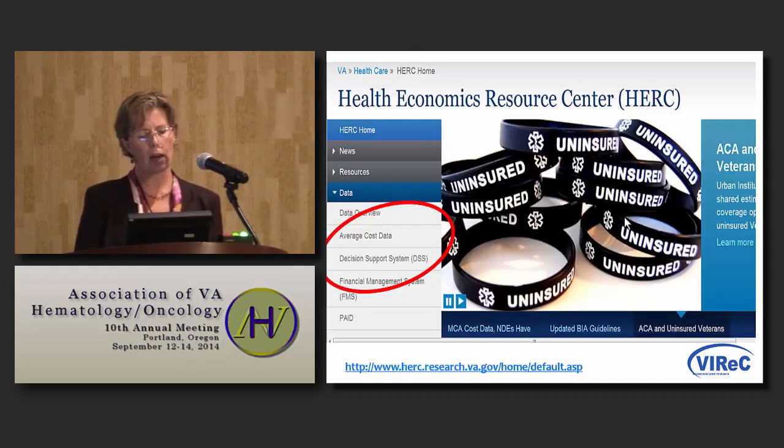I also want to mention the Health Economics Resource Center, another health services research and development center based at Palo Alto. They develop and establish data sets that focus on costs and financial assets that the VA has, which are also linked with workload data in the VA. The average cost data set is an important one, and they have done some work with the decision support system and some of the financial management system.